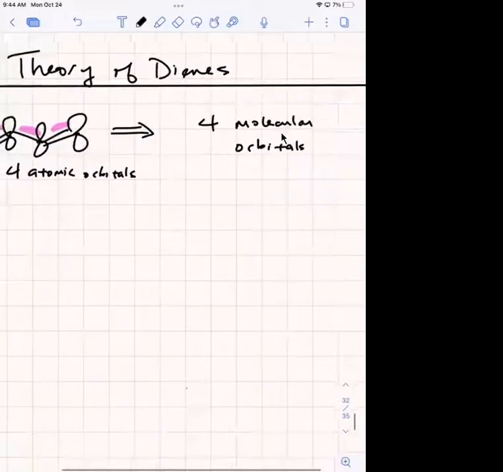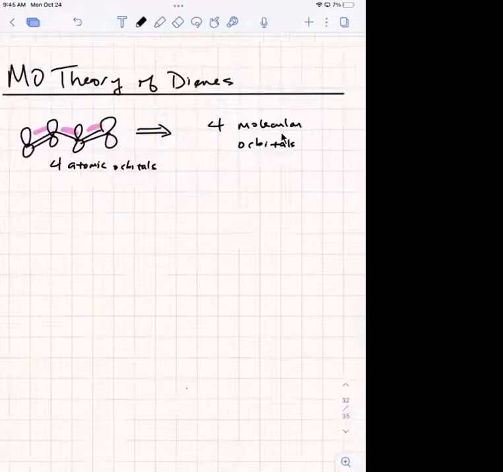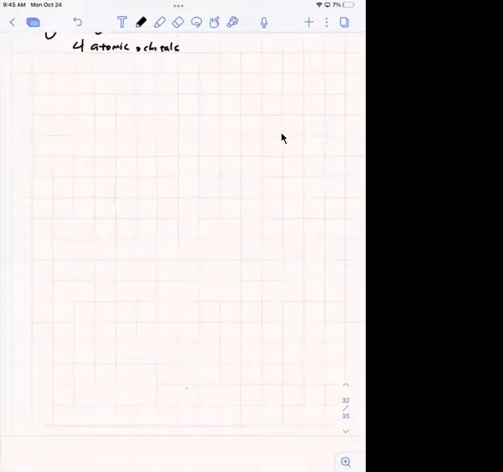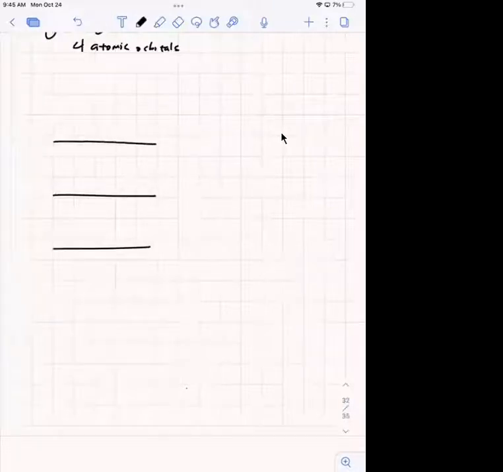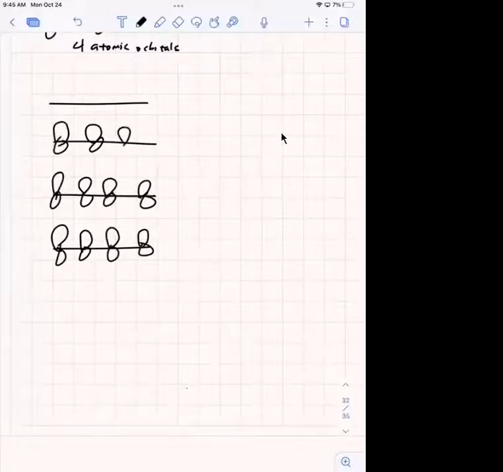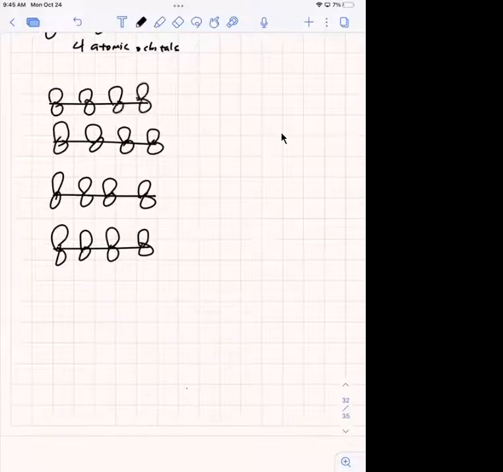What that means in basic terms is that those 4 orbitals overlapping can combine as 4 different waves, right? So let me just show that. So I'm going to get, so I have here, that's one set of molecular orbitals. This is the other set. This is the other set. And this is the other set. Right?